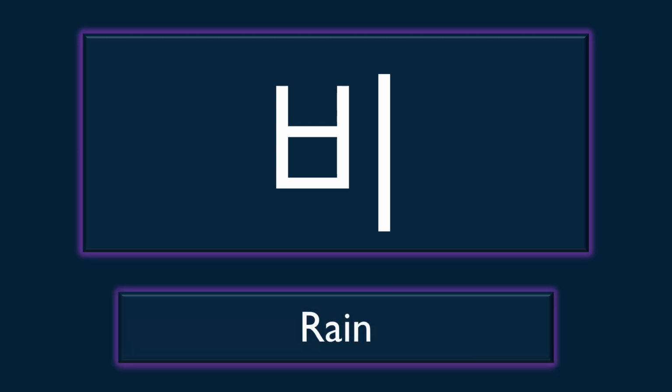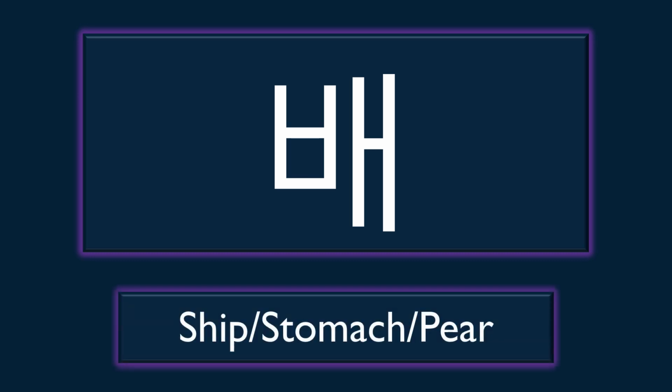Now, let's take a look at some words. This word is read as pi, which means rain. And this one. This word is read as be, which means ship, stomach, or pear.